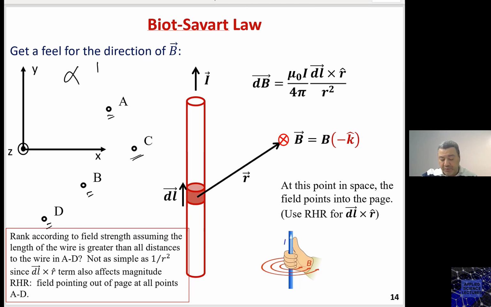Because it is inversely proportional to the distance. So C would be the greatest, and then D would be the smallest magnetic field. Don't forget that for the cross product here, as long as you have the magnetic field perpendicular to the plane that has the displacement vector and the dl, the magnetic field will have the same direction and will not change.